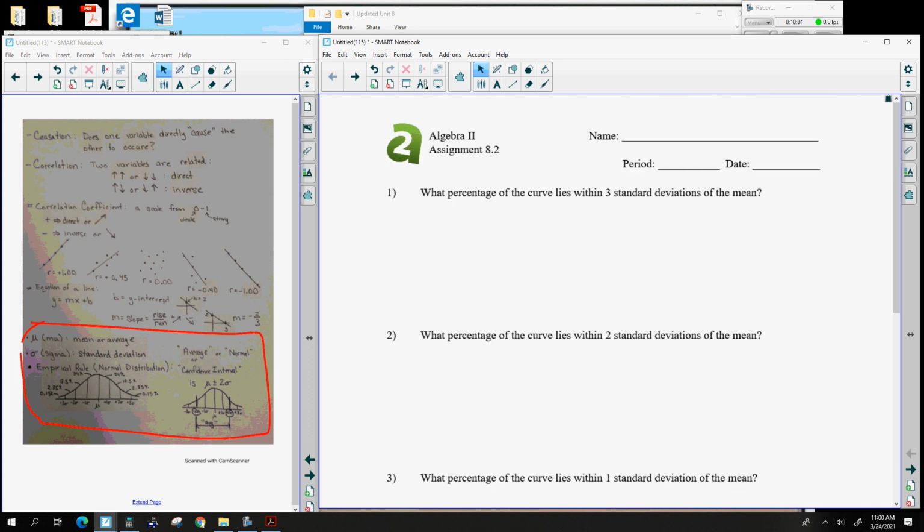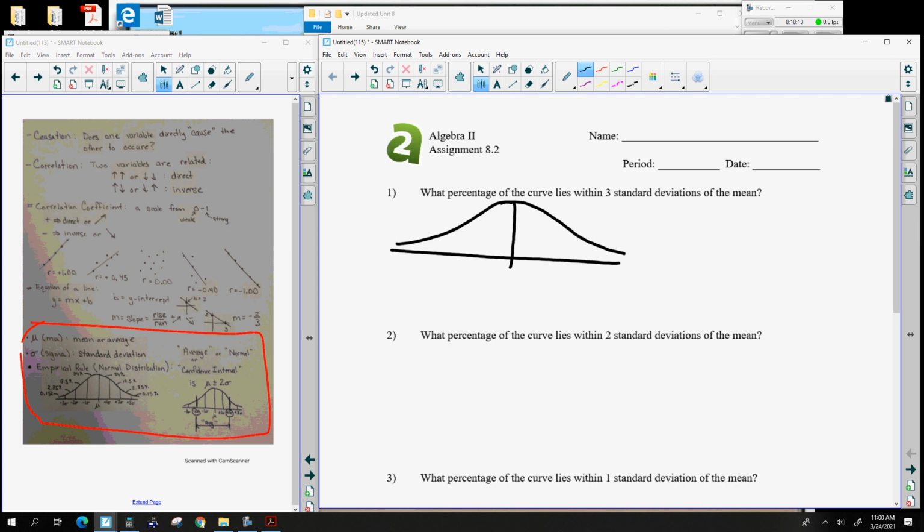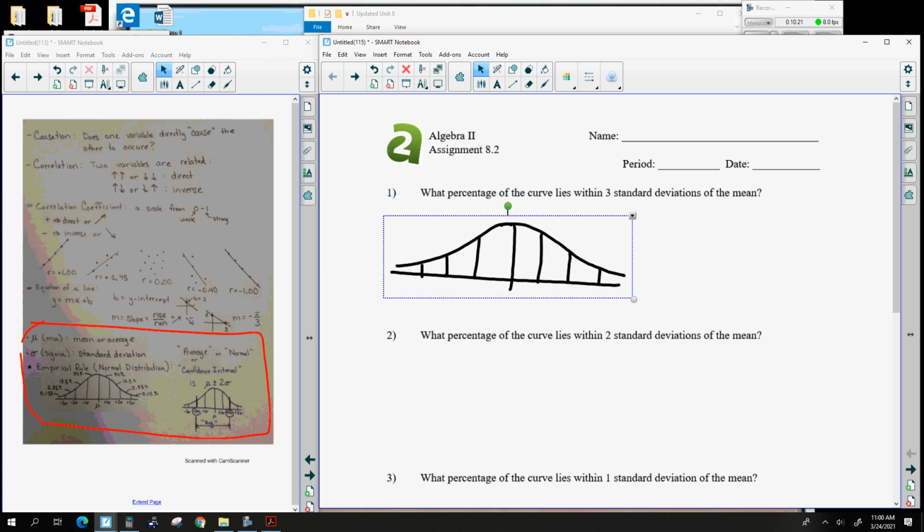Okay, let's take a look at some of these answers. What percentage of the curve lies within 3 standard deviations of the mean? All right, so here's our curve. Here is our average, right smack dab in the middle.